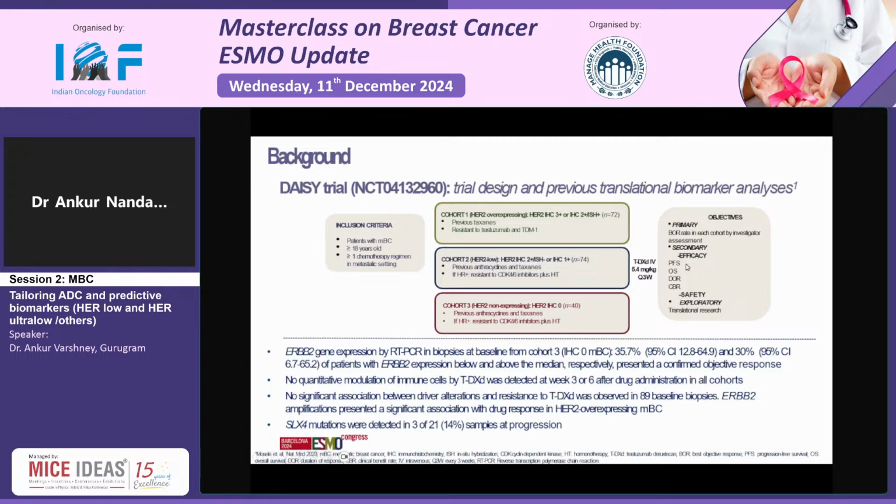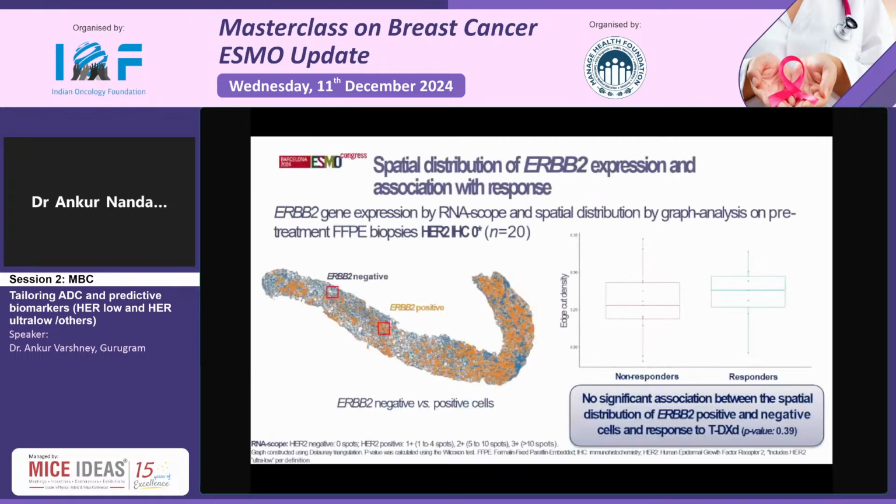The primary objective of this study was to analyze the mechanism of resistance, for which various mutation analyses were done. What this study found is that in case the patient is IHC negative for HER2, then ERBB2 gene expression doesn't affect the response to T-DXd.